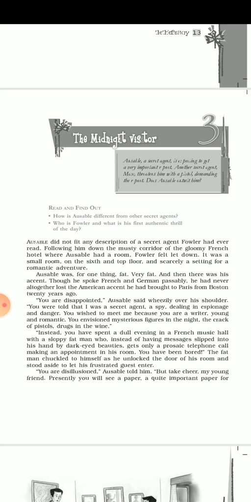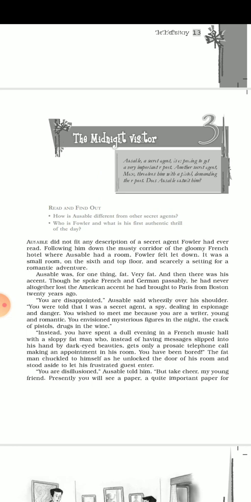It means whatever Fowler had imagined of Audible before meeting him, Audible could not meet it. It means Fowler had expected that Audible would have a good body, a very fine appearance, right? A tall one, a thin one, physically strong.